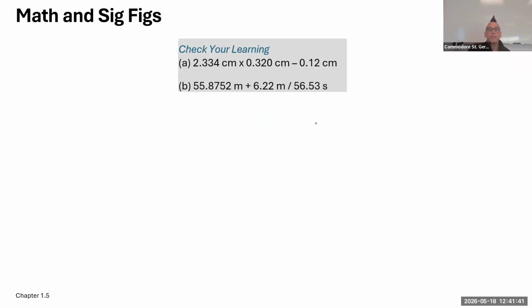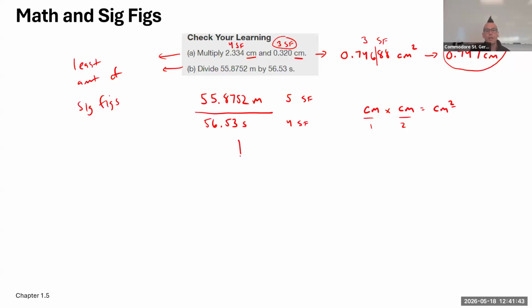Oops, sorry about that. So I'm going to bring that down. And look at the M and S, right? That's not going to change because they don't cancel each other out. As centimeters times centimeters didn't cancel each other out, but we had to put a 2 there because it's centimeters squared. Also, you can write this either way. This is correct, and this is correct. This one's just easier to read and see. So let's do this. It ends up being meters per second.